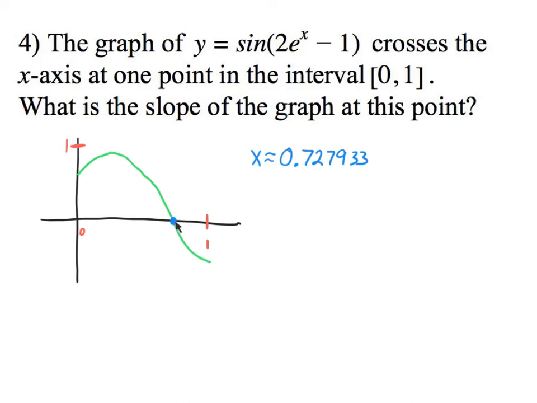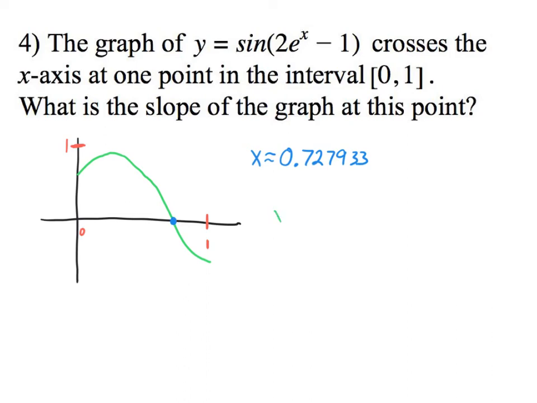So this isn't the answer, though. This is where it crosses the x-axis. The question is, what is the slope of the graph at this point? Well, you do notice it's going down. We don't know how steep it is, but we do know it's going down. So you can kind of approximate, but now all you have to do is use your calculator.